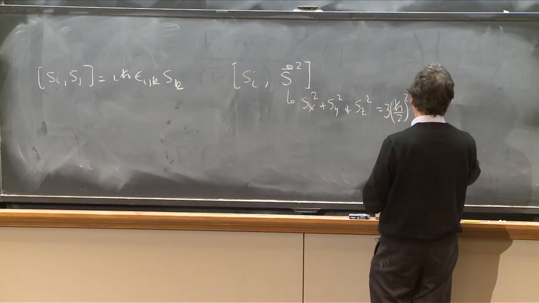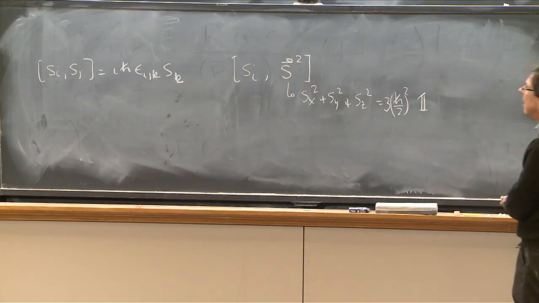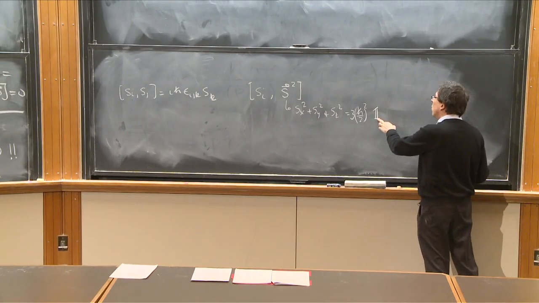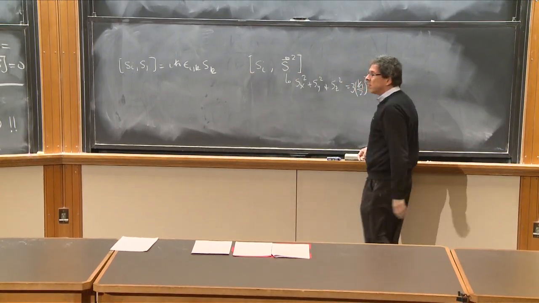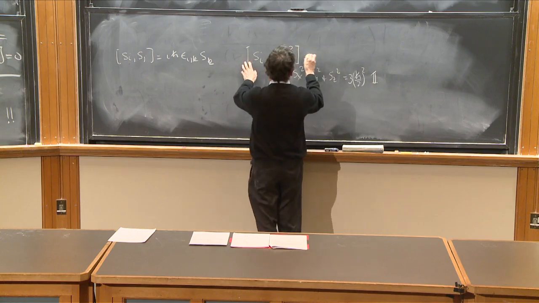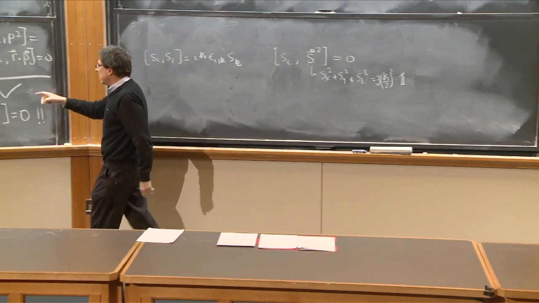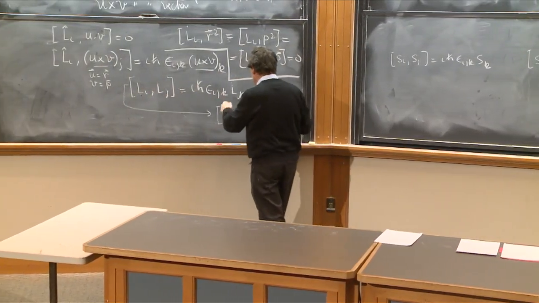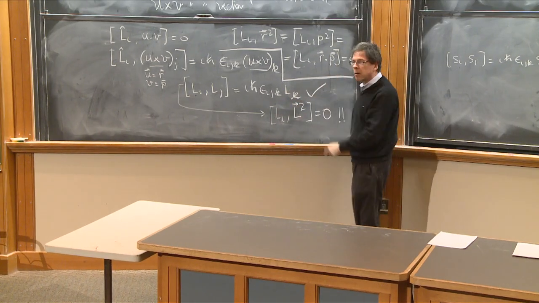So there's a 3 and the identity matrix, and S squared, in the way we represented spin by 2 by 2 matrices, commutes with Si, because it is the identity. So it's no accident that this thing is 0, because this algebra, whatever L is, implies that this with the thing squared is equal to 0.